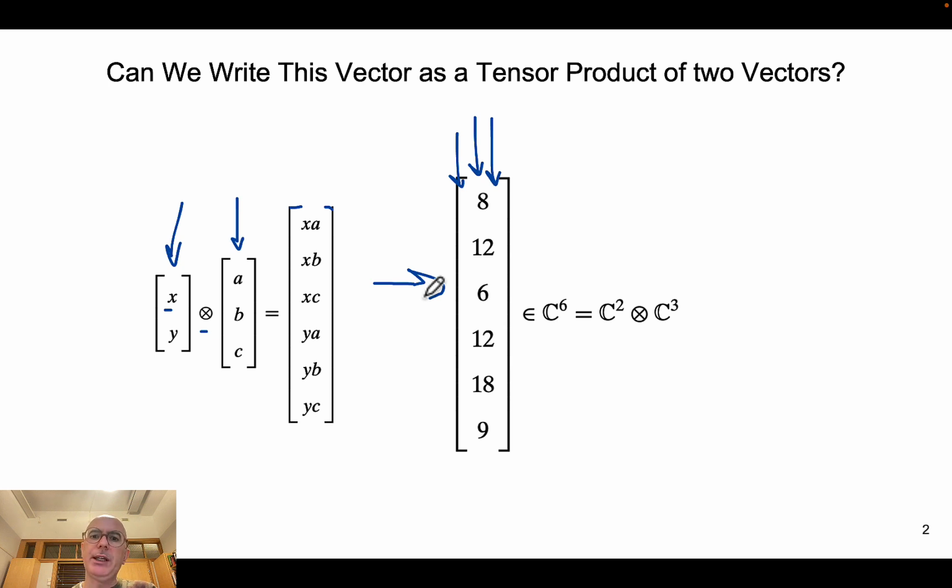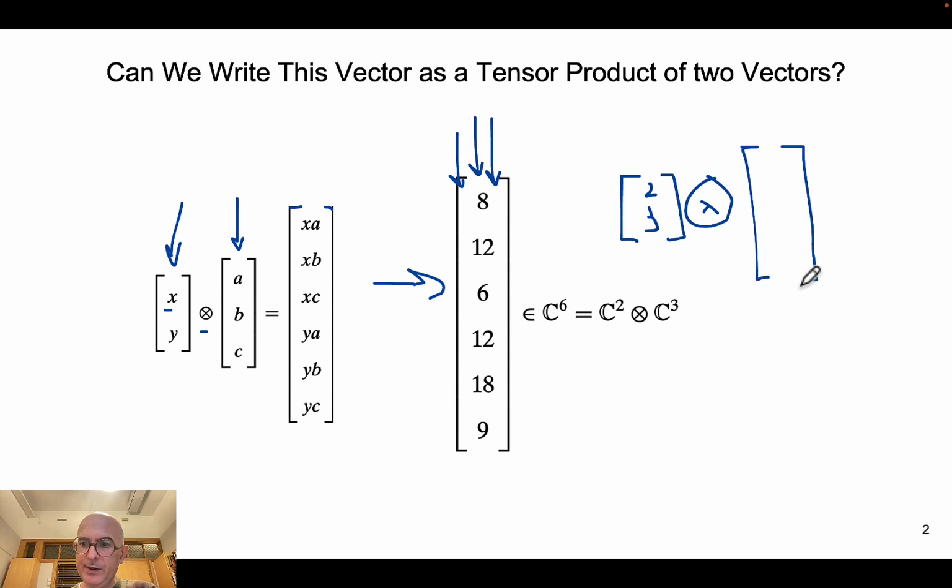Well, yes, we can actually write these two vectors. So the first one, for instance, we can write as 2 and 3. And then we have the tensor product. And then we have a second vector that is going to be 4, 6, and 3.